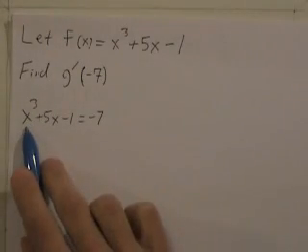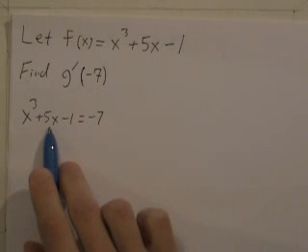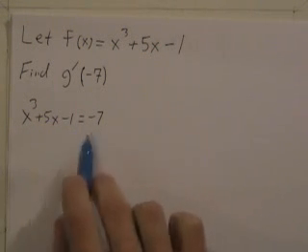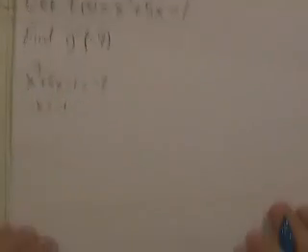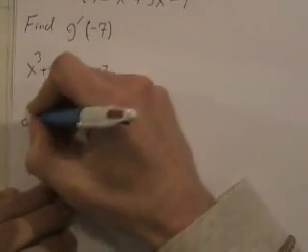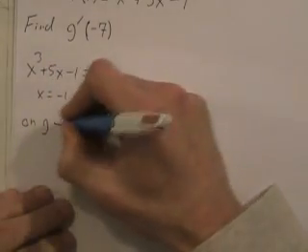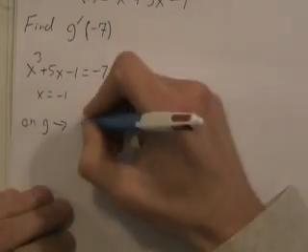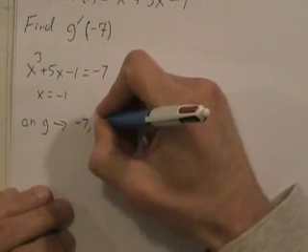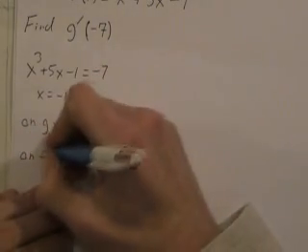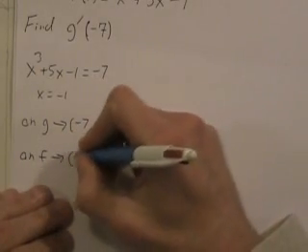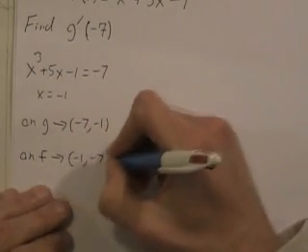Negative 1 cubed is minus 1, minus 5 is minus 6, minus 1 is minus 7. So in this case, the x is minus 1. I'll write down again: on g, there's the point minus 7, minus 1, and therefore on f, there's the point minus 1, minus 7.